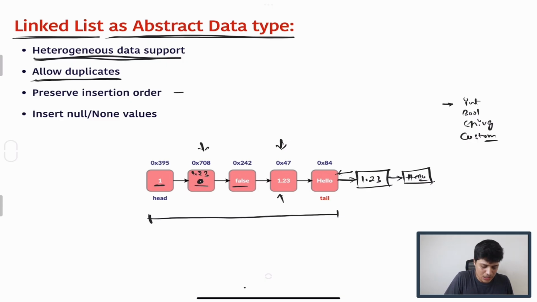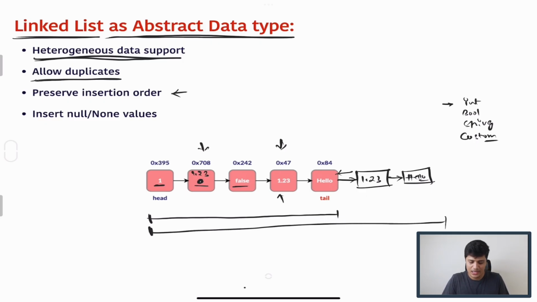And the third principle is preserving the insertion order. That means that whatever order I insert the values into the linked list, the order should be preserved. So the linked list values that we have here show that it is preserving the insertion order. The first value inside the linked list is 1, which means that in my implementation, I added the value 1 into the singly linked list in the very first insert operation.